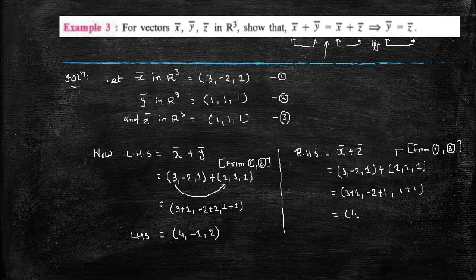So 3 plus 1 is 4, minus 1, 2. That is what we have on the right hand side, 4, minus 1, 2. So from all these things we can say left hand side is equal to right hand side. Hence vector y is equal to vector z. That's it. It's very simple.